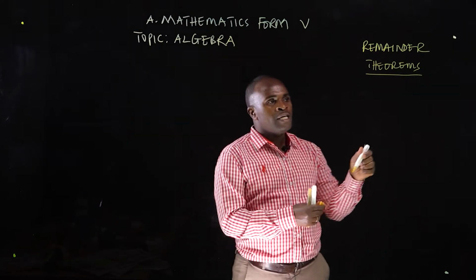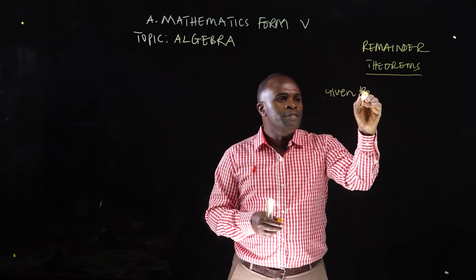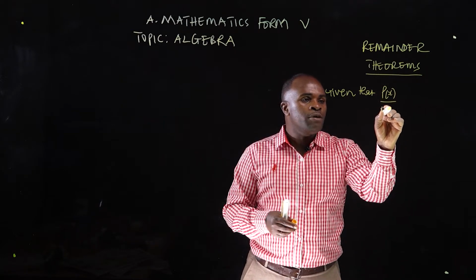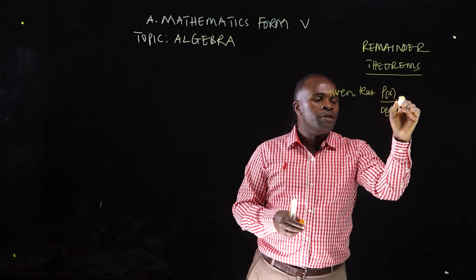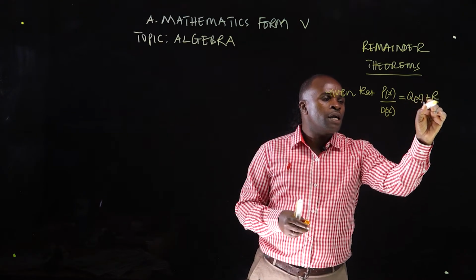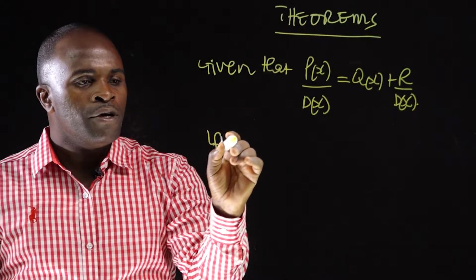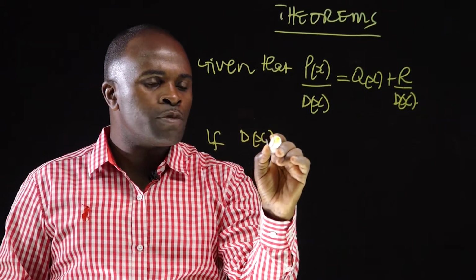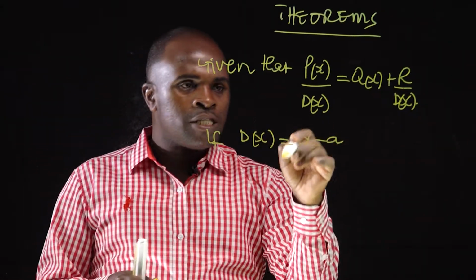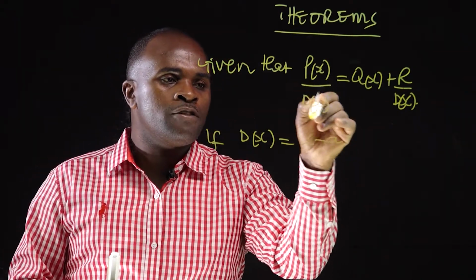How does it state? It says, given that P of x is divided by D of x, giving the result quotient Q of x plus remainder R over D of x, then if D of x is an expression x minus a, we can replace D of x, and first of all, let us avoid this denominator.